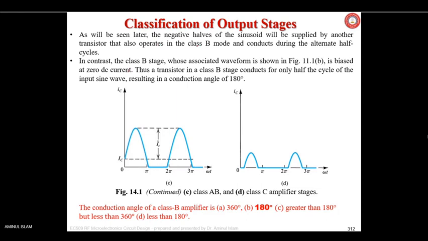It also operates in the class B mode and conducts during the alternate half cycles. In contrast, the class B stage whose associated waveform is shown here in B is biased at 0 DC current. Thus, a transistor in a class B stage conducts for only half the cycle of the input sine wave, resulting in a conduction angle of 180 degrees.